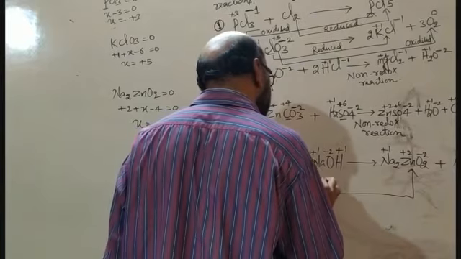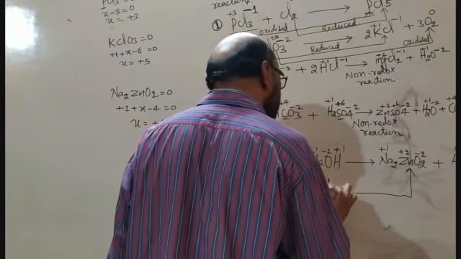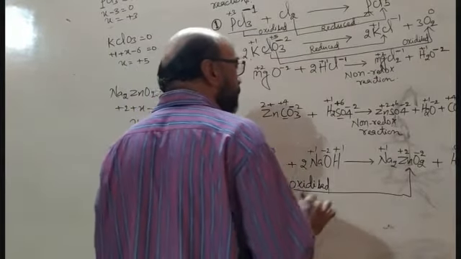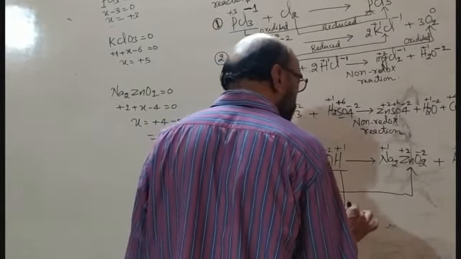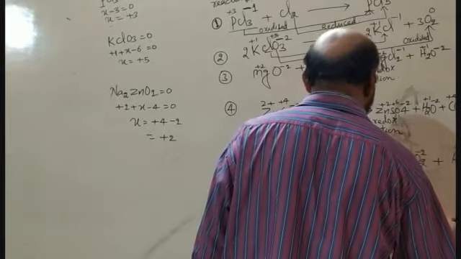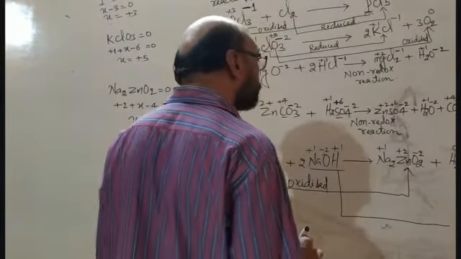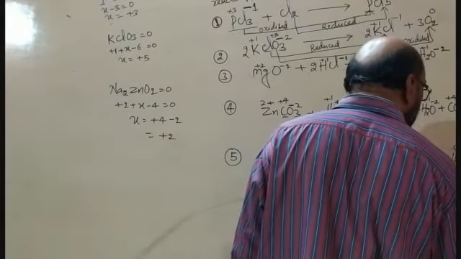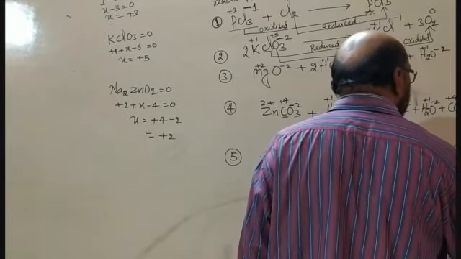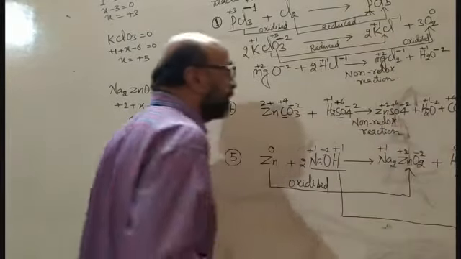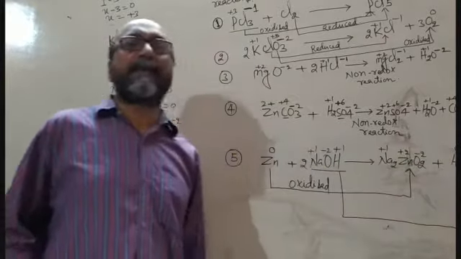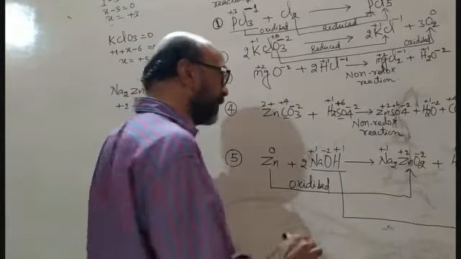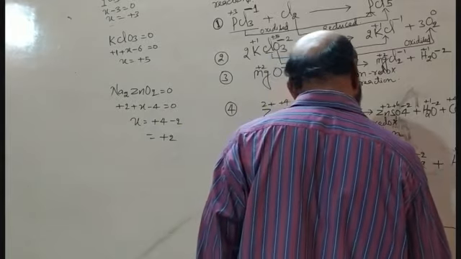We shall say zinc is oxidized to form sodium zincate, and sodium hydroxide is reduced to liberate hydrogen gas. Plus 1 to 0. Decrease in oxidation state takes place. Therefore, it is reduced.